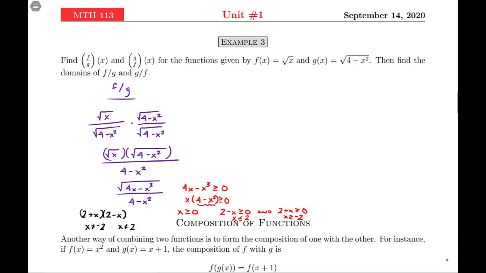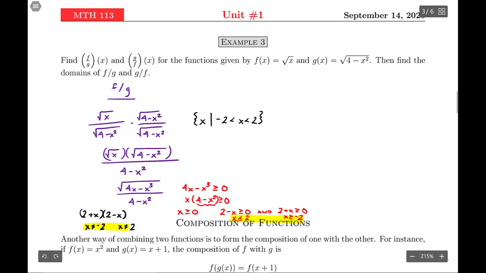So there's my domain restrictions for f over g. X can't be negative 2, it can't be positive 2, and x has to be less than positive 2 but greater than negative 2. So when we put that together, the domain is x such that negative 2 is less than x is less than positive 2.